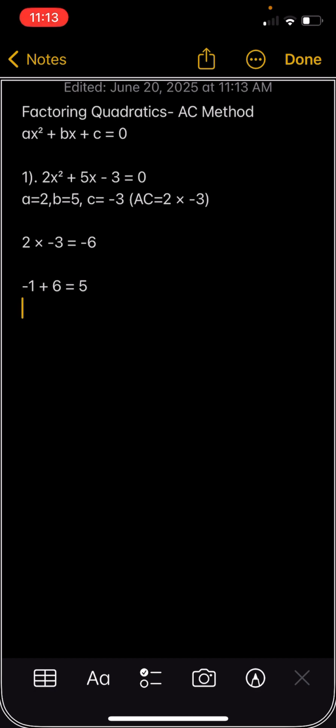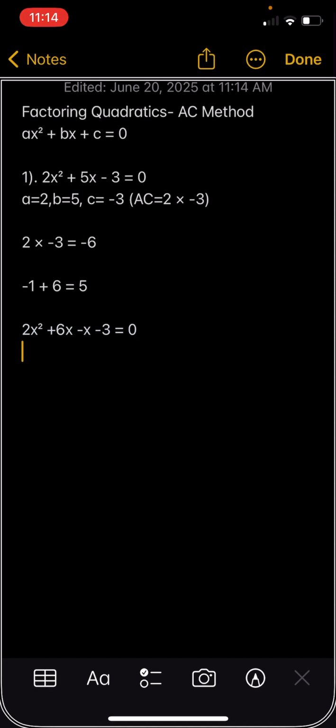Those two factors, negative 1 and positive 6, are the two factors we are going to use to rewrite the middle term as a binomial instead of a monomial, thus turning the left-hand side of this equation into 4 terms that can be grouped into 2 binomials. So let's go ahead and rewrite the entire equation, like this.